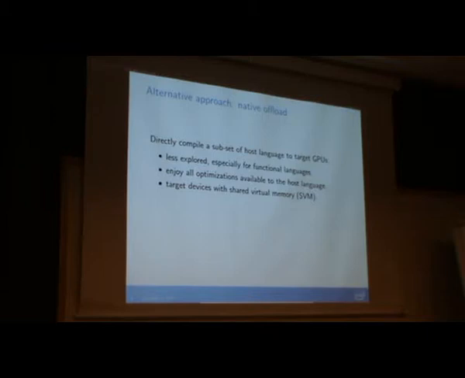But by doing this, we get to enjoy all the optimization opportunities available to the host language. And with the new OpenCL standard, there's shared virtual memory support, which makes this approach a lot easier. So in this talk, we're focusing on this native offload of Haskell Repa programs to integrated GPUs.